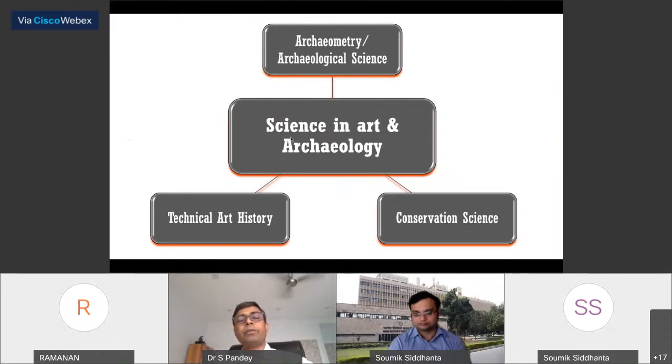Archaeometry is one of the oldest disciplines where we use science in art and cultural heritage. Conservation science and technical art history are relatively newer. Archaeometry started somewhat in the 19th century, and once the scope of archaeometry started increasing, people thought that archaeometry is not an appropriate term.